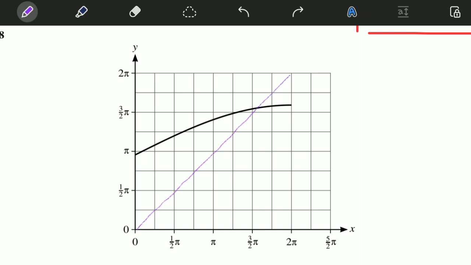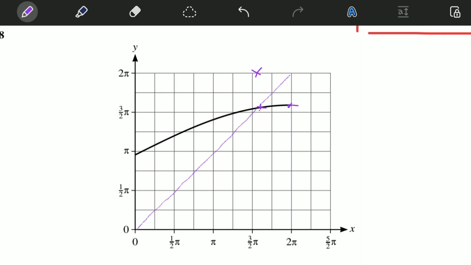This point is just above 3 pi by 2 on the y-axis and 2 pi on the x-axis, so we'll reverse it: at 2 pi on the y-axis and a little above 3 pi by 2. This point is common, obviously, between both.